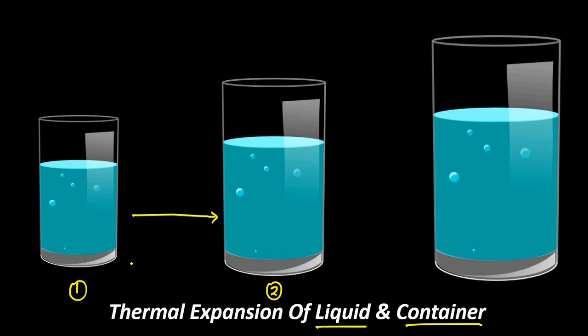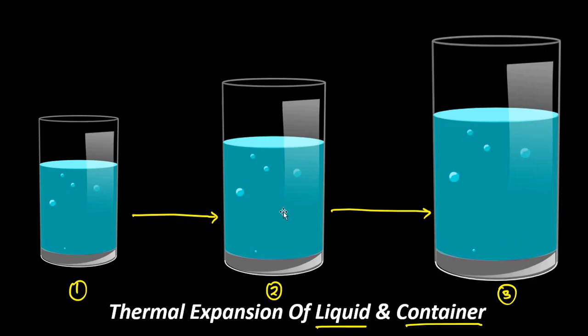This is from 1 to 2, and then at the final temperature Tf, the container has undergone thermal expansion, volumetric expansion. Also the liquid inside it has undergone thermal expansion. So both the container and the liquid inside it, they are undergoing thermal expansion from the start to the end, wherever the heat supply is cut off.